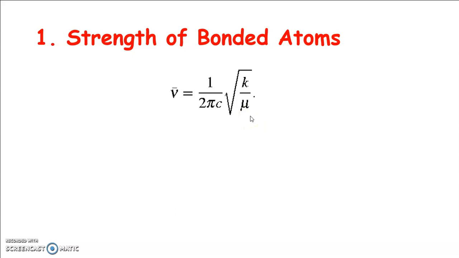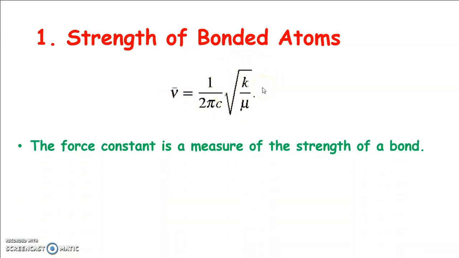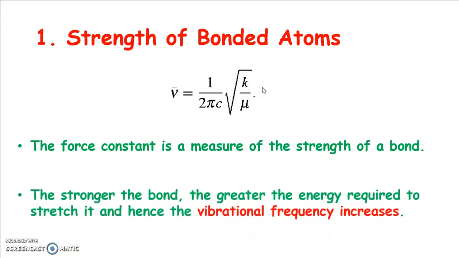From this equation itself, it is clear that the vibrational frequency is proportional to the force constant, which is a measure of bond strength. Thus, the value of stretching frequency of a bond increases with increasing bond strength.